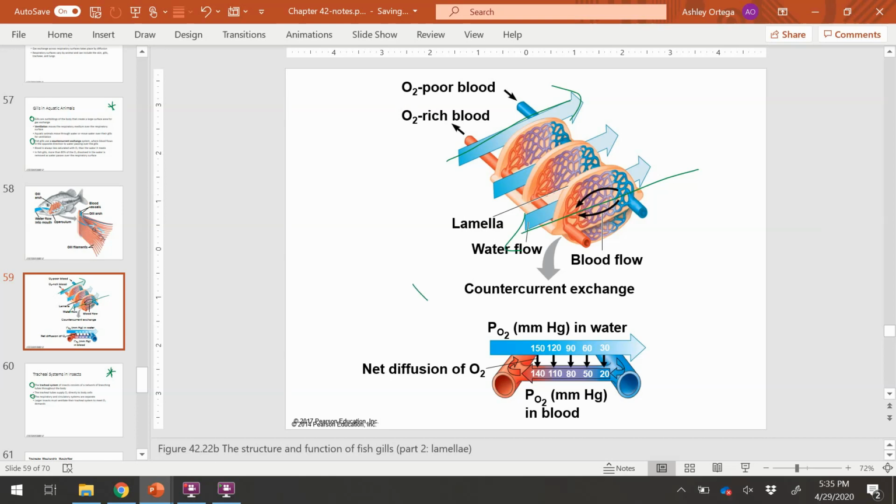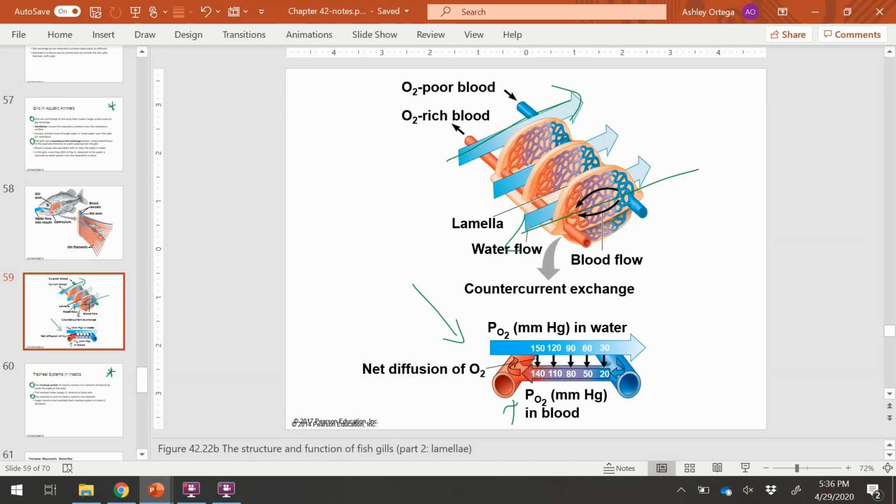If you look at the net diffusion of O2 down here, you can see the partial pressure of oxygen in millimeters of mercury in the water compared to the partial pressure of oxygen in millimeters of mercury in the blood. Starting out at the red end here, the partial pressure of oxygen in the blood is very high, which is good. So it's 140. That's where the fish will want to be. And as you move in the water direction, it is still very high starting out.